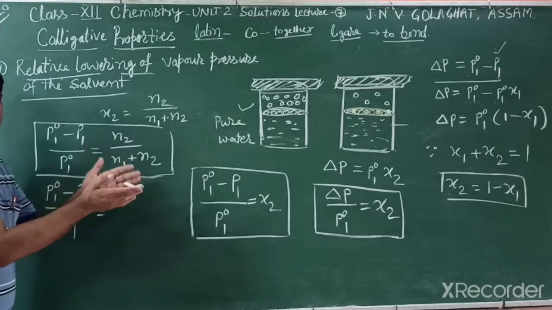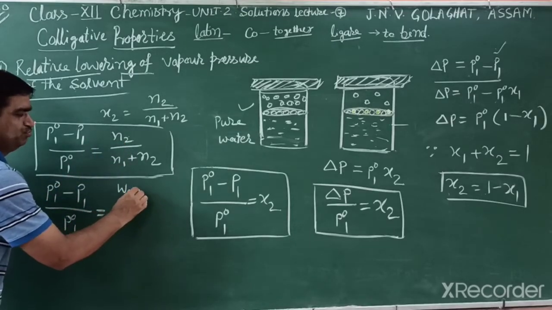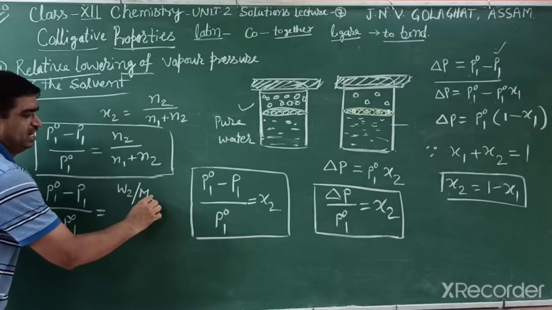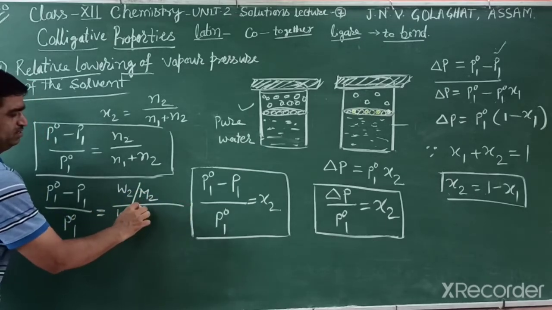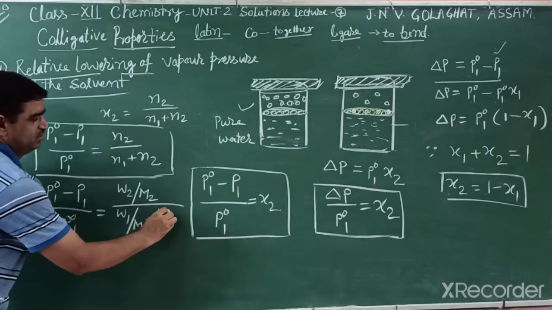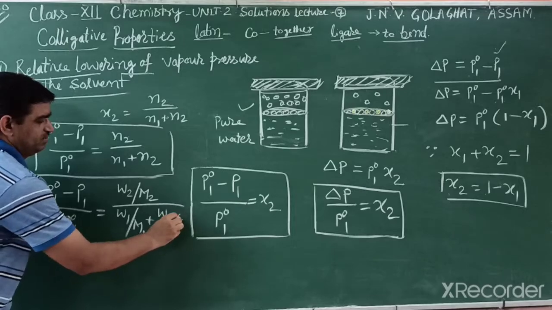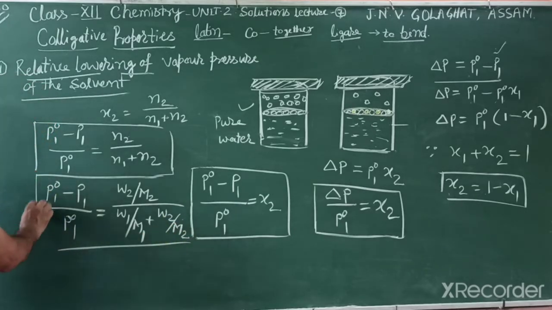Given mass divided by molar mass. So students, W2 divided by M2, then W1 divided by M1 plus W2 divided by M2. This equation is also for solving numerical problems.